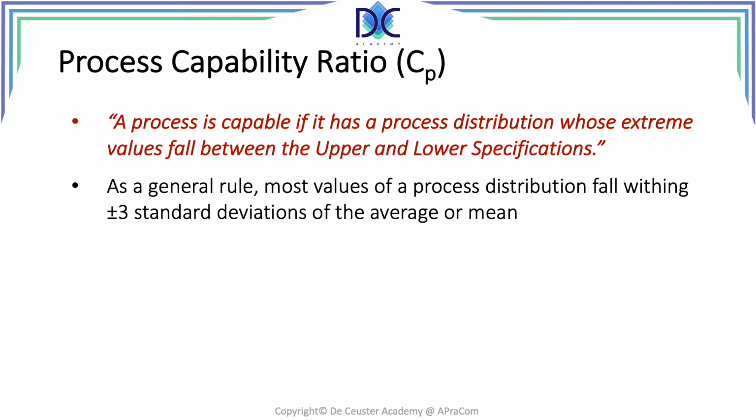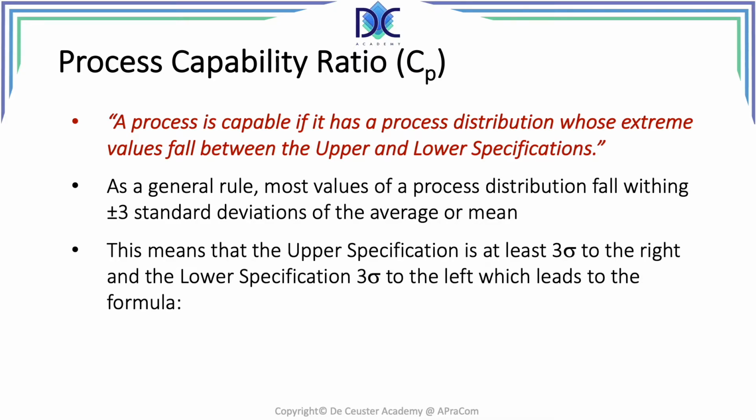Now, as a general rule, we take plus or minus 3 standard deviations to the left or to the right of the average or mean. And basically, the definition of this means that the upper specification is at least 3 sigmas to the right of the mean, and the lower specification at least 3 sigmas to the left.